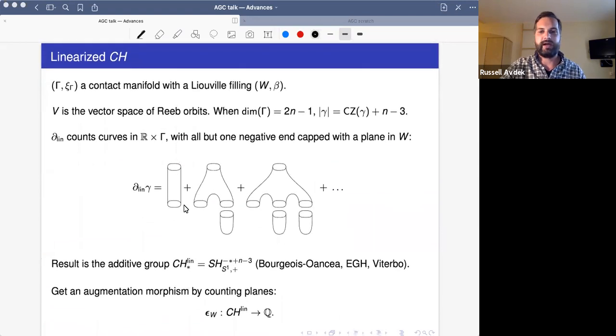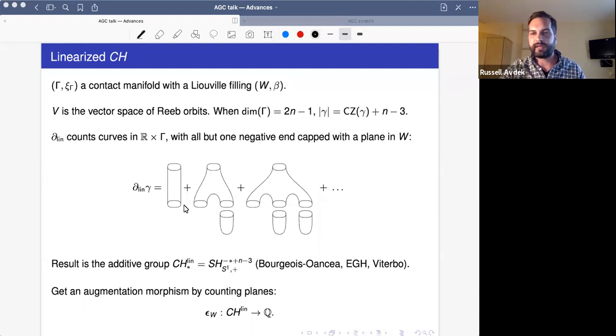Another flavor of contact homology is linearized contact homology. Here, I'll suggestively use Gamma for my contact manifold, which is 2n minus 1 dimensional. When we have such a contact manifold with a Liouville filling W, we take the vector space of Reeb orbits in Gamma.